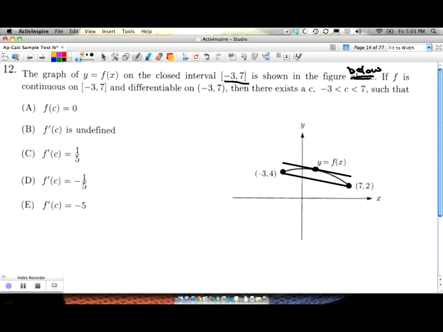So in other words, right about at this point here, the average slope equals the instant slope. Does anybody remember what theorem that was that taught us about that? It's the mean value theorem. And the mean value theorem is saying that there does exist a c between the two endpoints such that the average slope equals the instant slope.